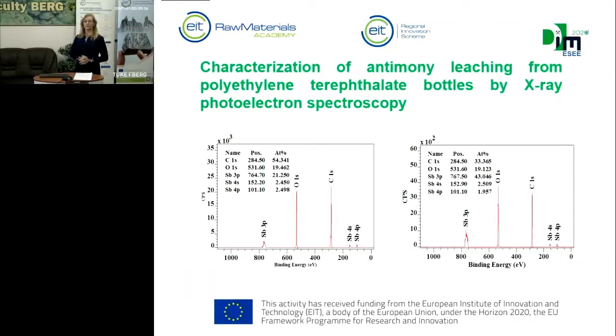We bought the drinking bottles prepared from polyethylene terephthalate, and we bought two types of these bottles. One of them was blue colored, and one of them was a clear bottle.